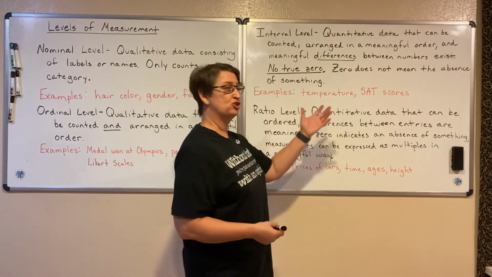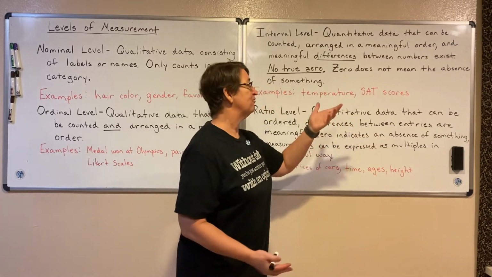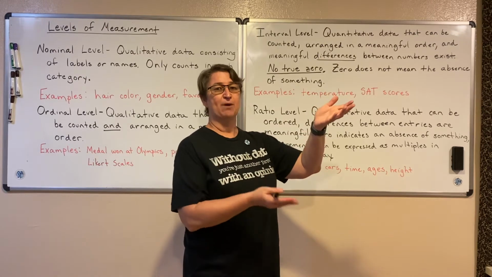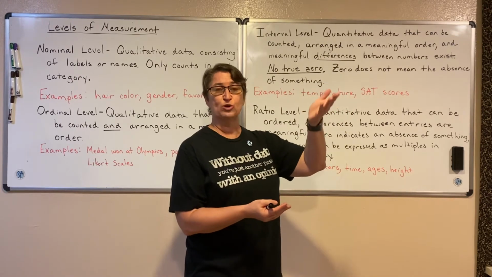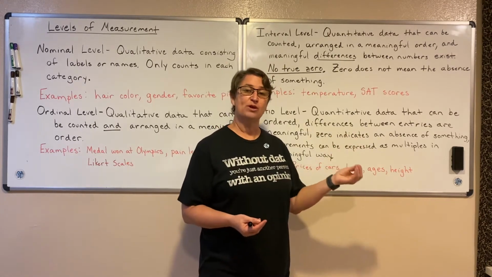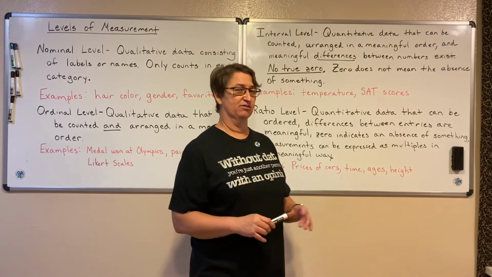We can arrange temperature in a meaningful order. This is hotter than that. We can find differences between the numbers. I can say 50 minus 30, well, the temperature was 20 greater than the day before. But that true zero is missing because zero temperature does not mean an absence of temperature.